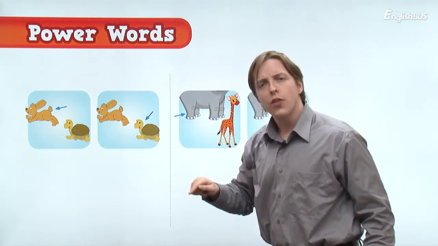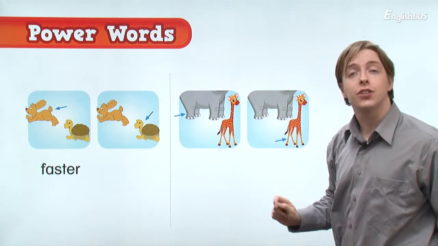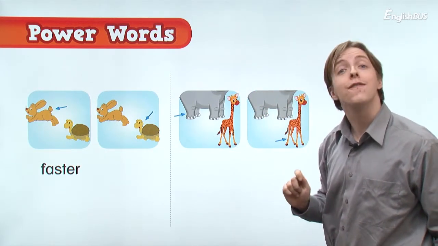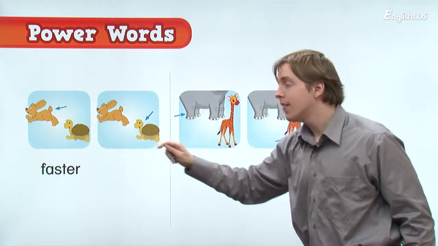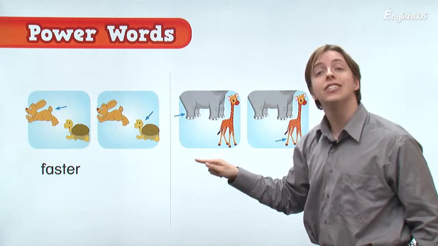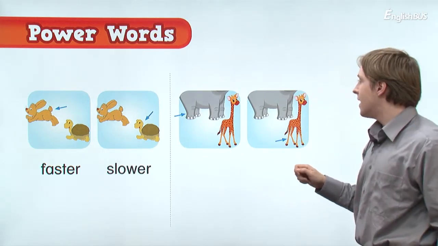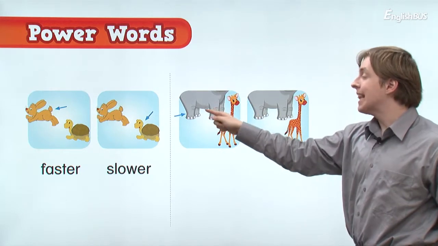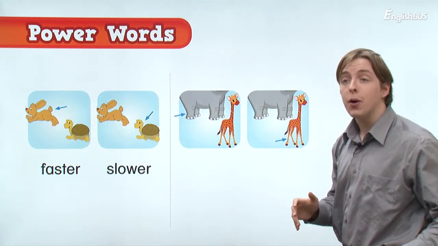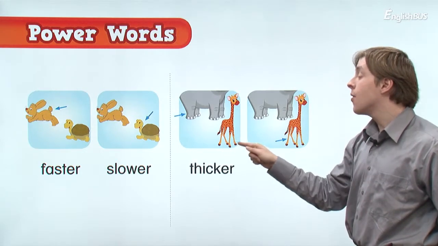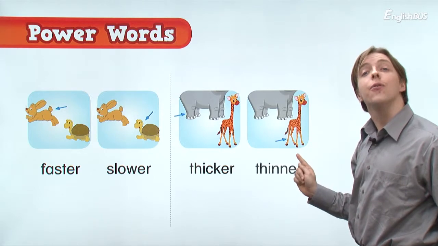So, with the rabbit and the turtle, we could say the rabbit is faster. Not fast, but faster. And just like the rabbit is faster, the turtle is slower. Let's see. Now we have the elephant's legs. Well, we know they are very thick, but we could say they are thicker, and the giraffe's legs are thinner.